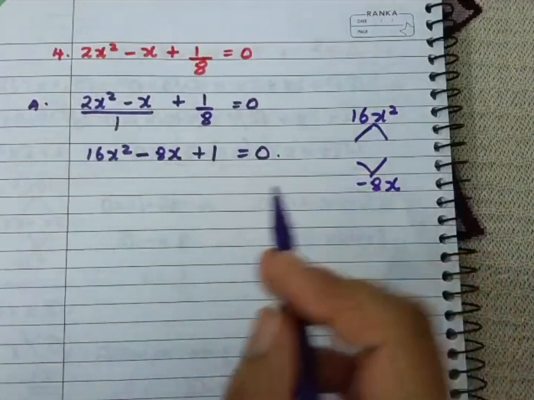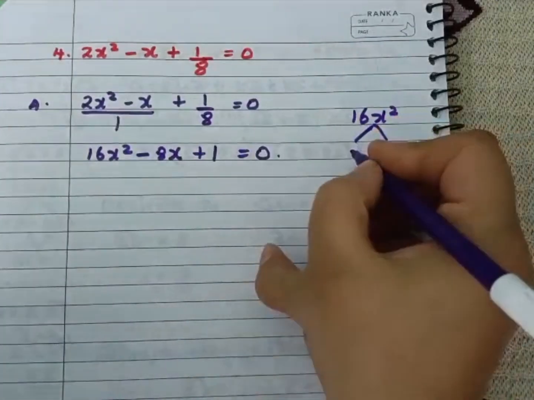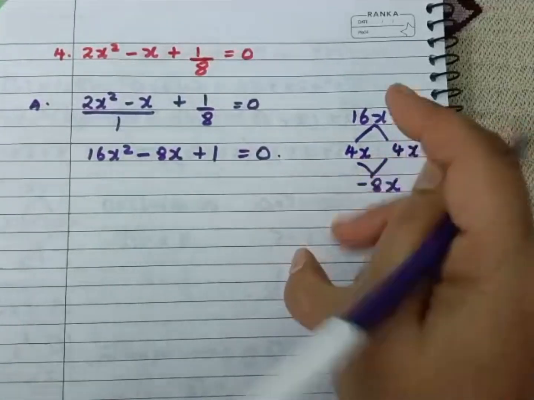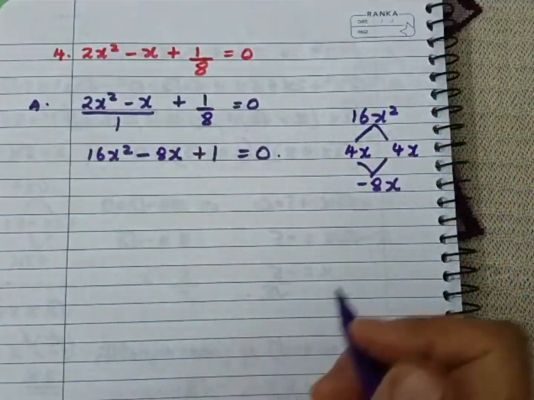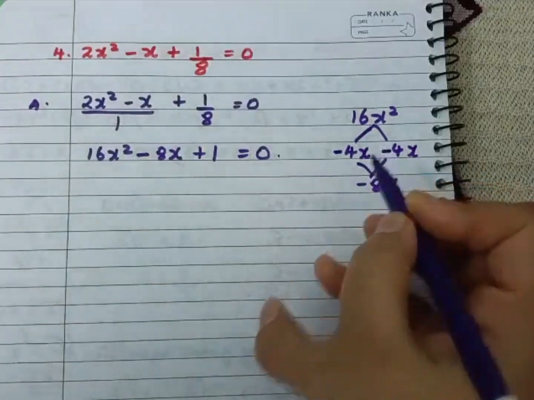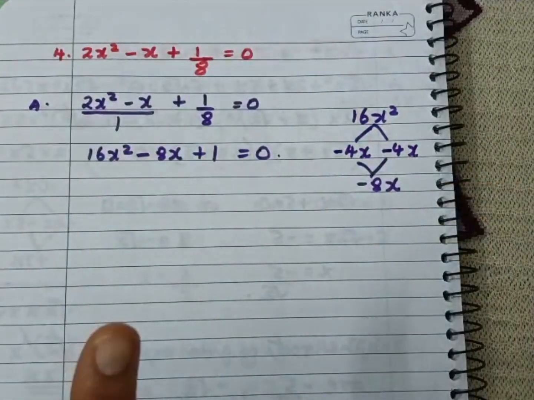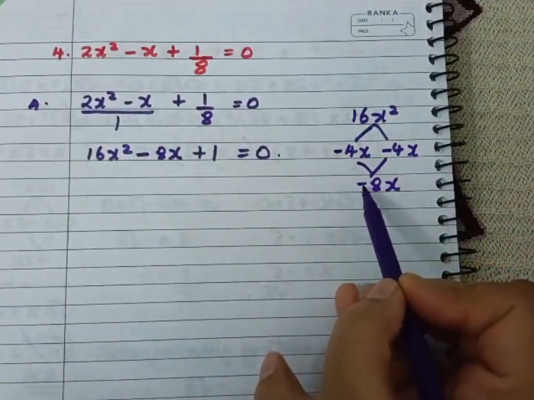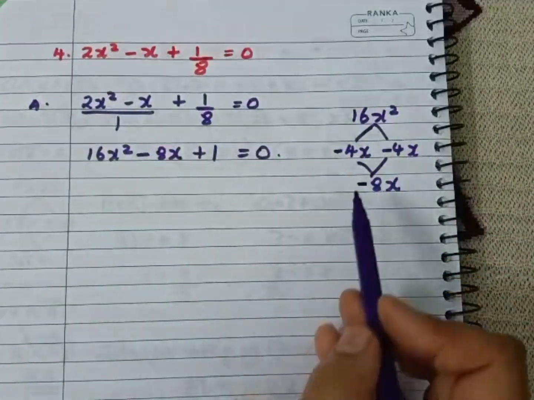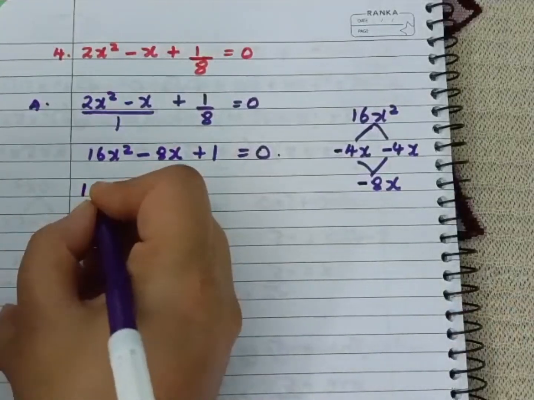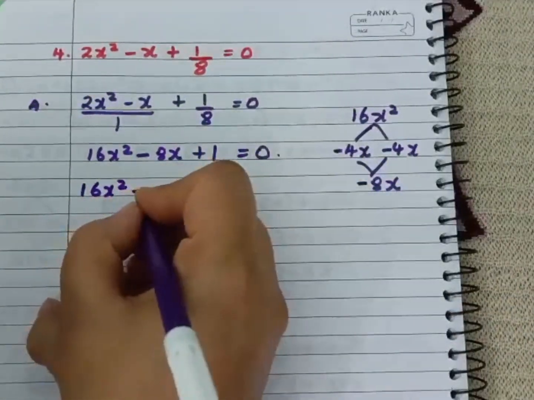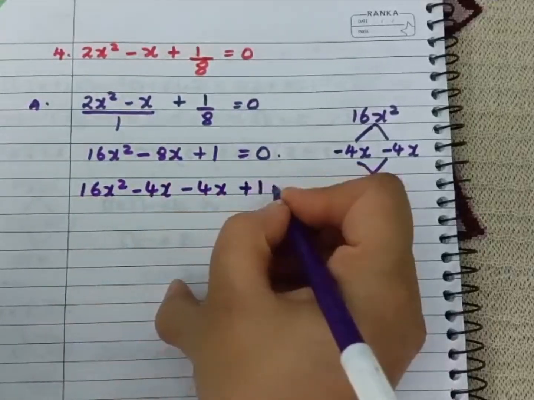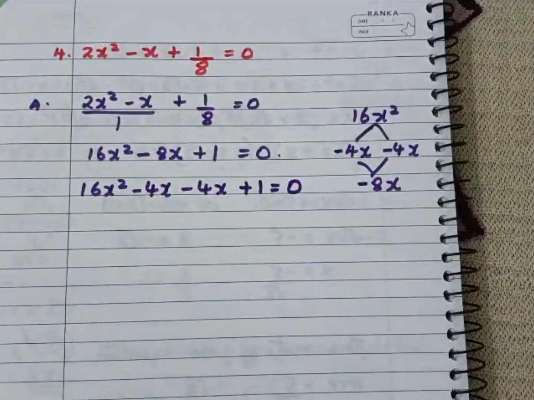Now we have minus, so we have to take minus into minus. See here. 4x into 4x. For 4s are 16. X into x is x square. Now minus into minus is plus. Okay. 4 plus 4 is 8. Minus into minus is plus. Now this minus I'm going to write over here. Okay. Now 16x square minus 4x plus 1 is equal to 0.